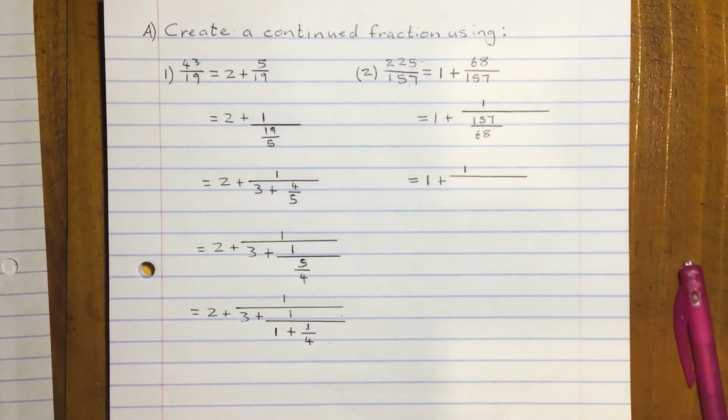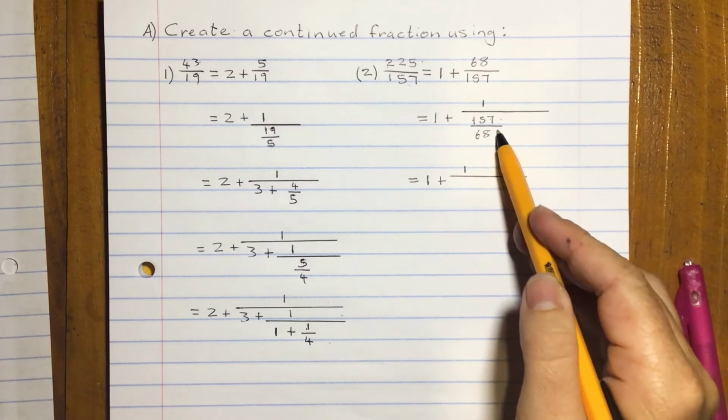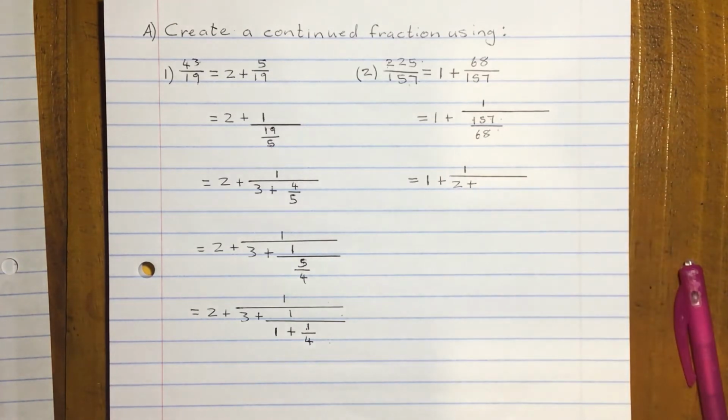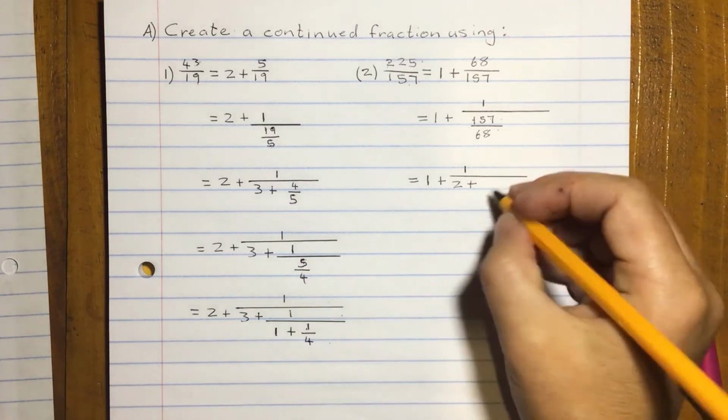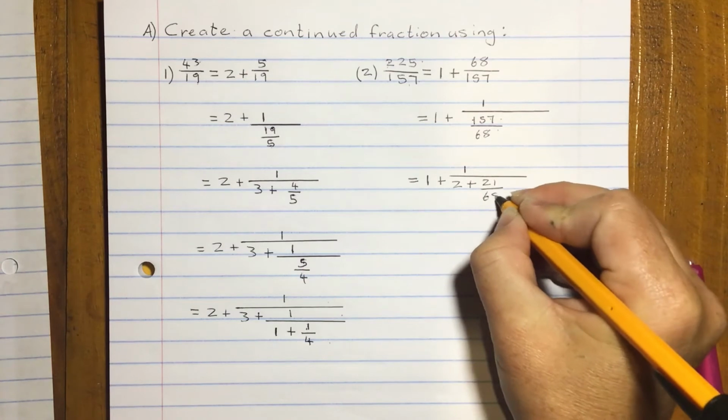Using your calculator, I would take 157 divided by 68, and that will give you 2 plus. And if you use your Shift SD button, it will give you the fraction in a mixed number form, and so you don't need to do anything to work out your remainder. It will give you 2 and 21 over 68.